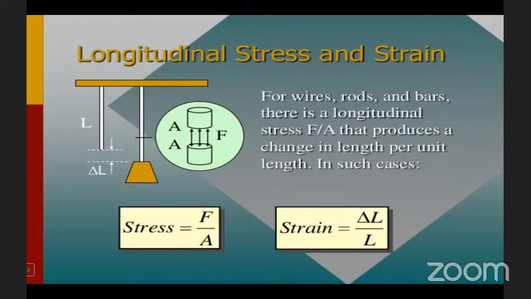The original length is L and the change in length of the wire is del L. What does stress mean? Stress is force per unit area, F by A. Strain is del L by L, that means change in length by original length.